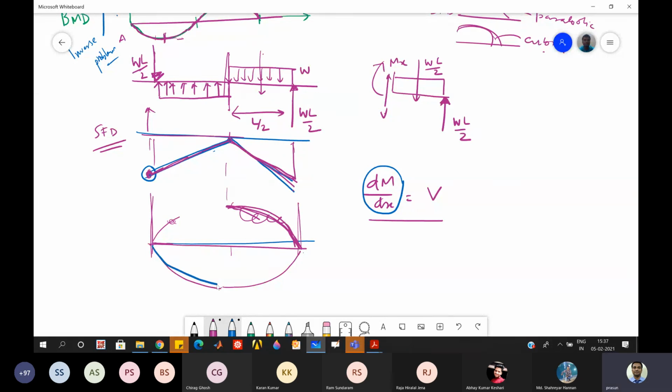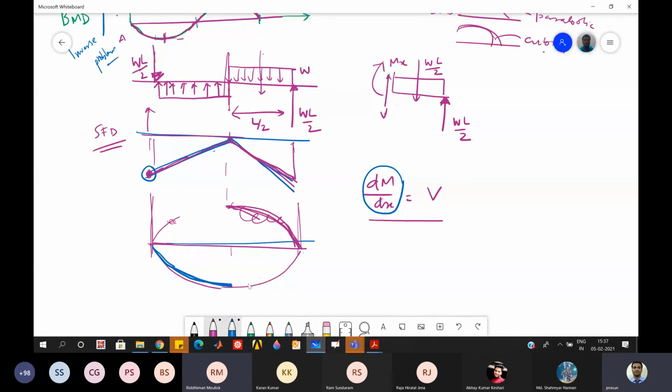So the right part will be inverted. Again the slope will start decreasing. Here the slope will be negative. Sorry, 0, and then again negative, more and more negative.